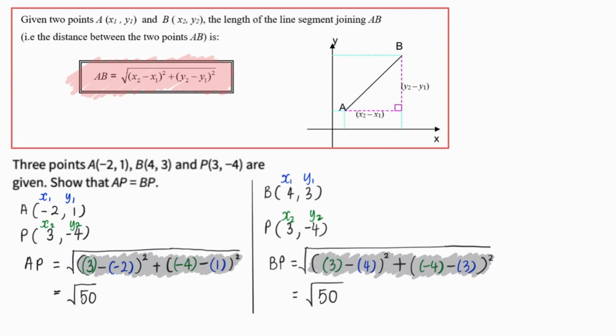Having shown that AP equals square root 50 and BP equals square root 50, we are crystal clear that therefore the final answer, do write it down as well, therefore AP equals BP, shown.